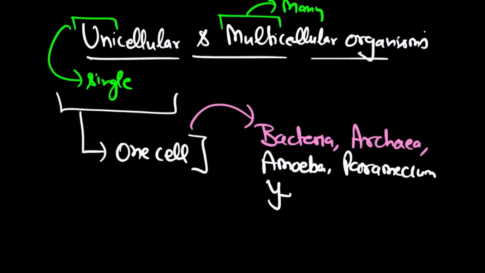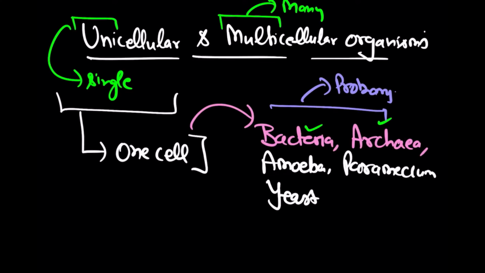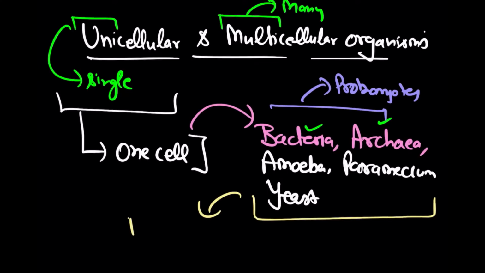Then you must have heard that yeast is unicellular. Now try to see here, bacteria and archaea are prokaryotes, while amoeba, paramecium, and yeast are eukaryotes. So in the case of unicellular organisms, you can see both prokaryotes as well as eukaryotes.